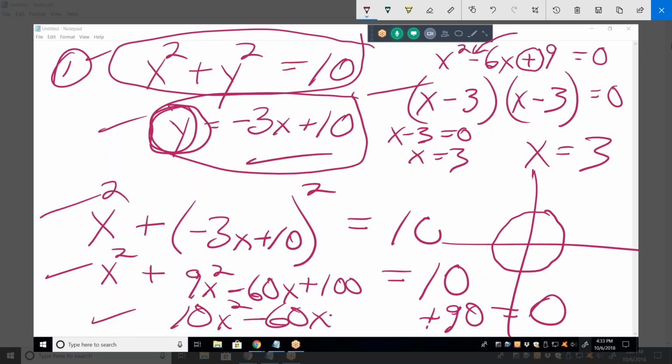So that line looks something like that, where that point is at x equal 3. In fact, y is 1. So x equal 3, y equal 1 actually comes right there.